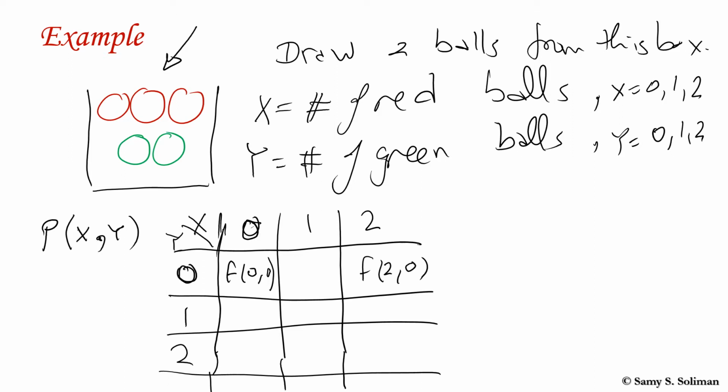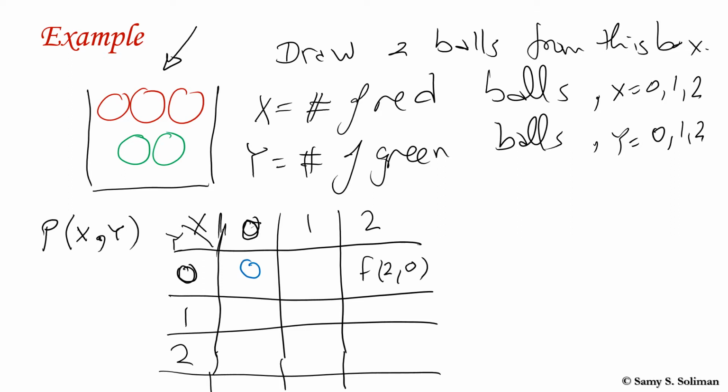This probability definitely is equal to 0, because we will withdraw a sample of 2 balls. So in total, we will have 2 balls. So there is no way that we have 0 red balls and 0 green balls at the same time. So this probability in this cell is equal to 0.